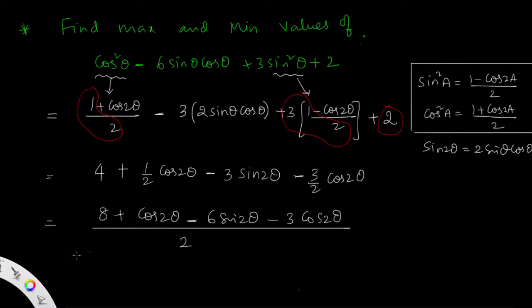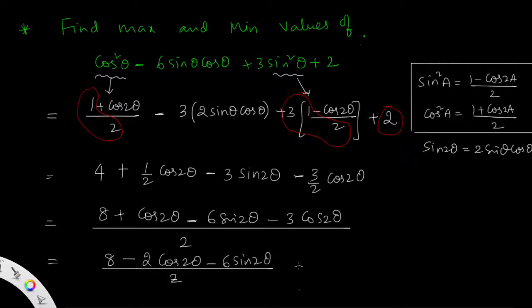Yes, super. So then it goes to 8 plus cos 2 theta minus 6 sin 2 theta minus 3 cos 2 theta divided by 2. Then 8 minus, that is minus 2 cos 2 theta minus 6 sin 2 theta divided by 2.